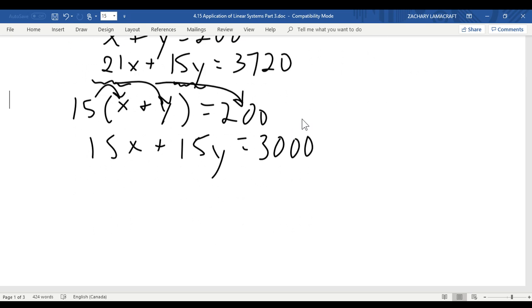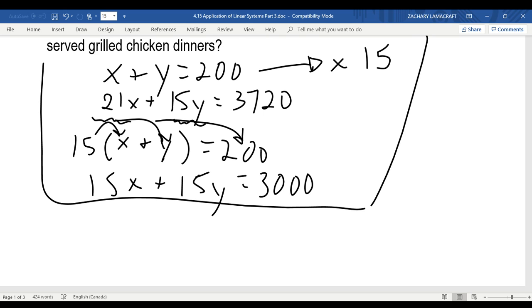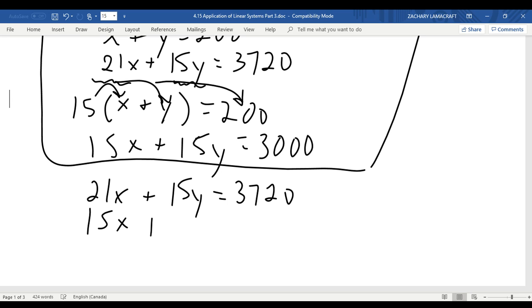So to make things easier, we're going to take this top equation and subtract the bottom equation from it. So we would have 21x plus 15y equals 3720. And then we have 15x plus 15y equals 3,000.